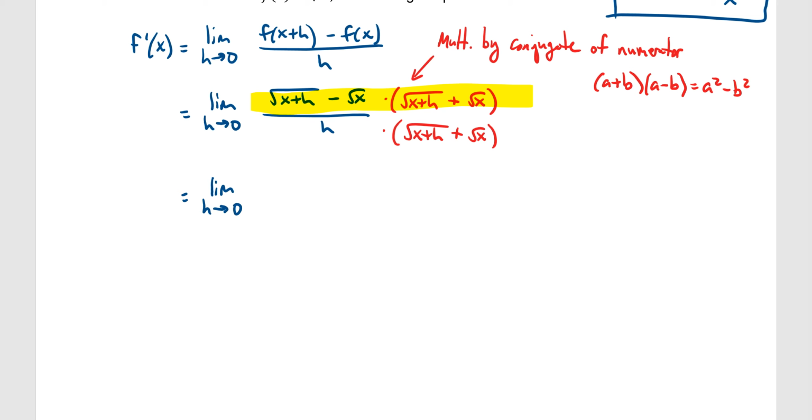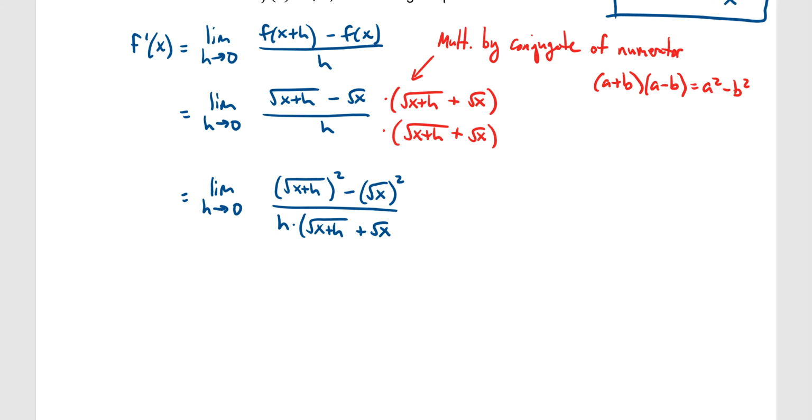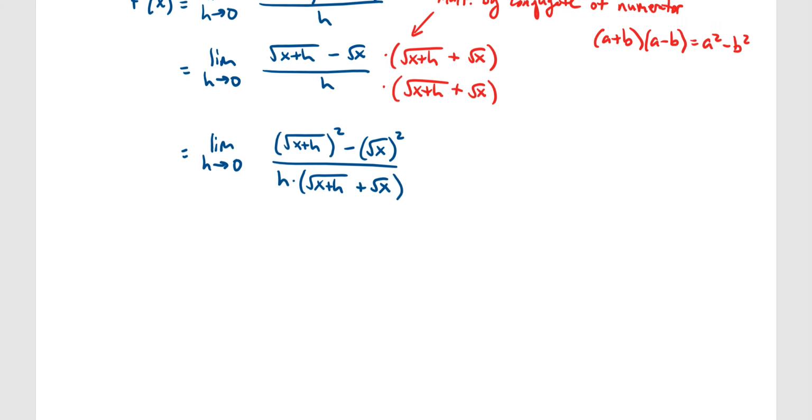The first one squared is going to be the square root of x plus h squared, minus the second one squared, which is the square root of x squared. And then that whole denominator, we're just going to leave it alone for a second. h times that conjugate.